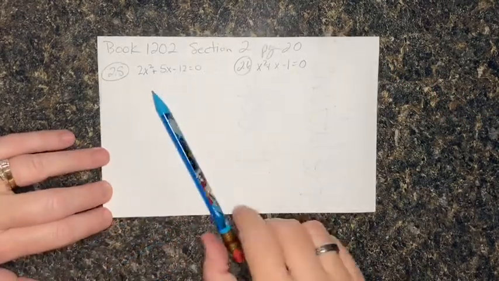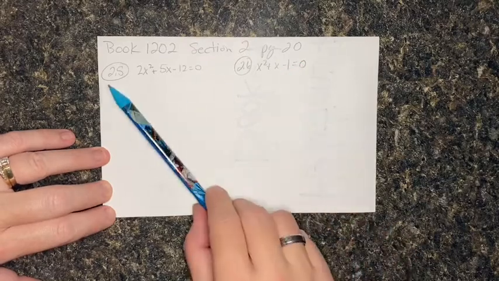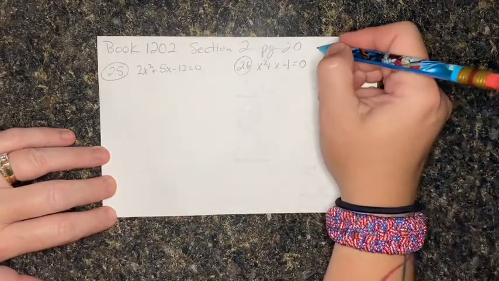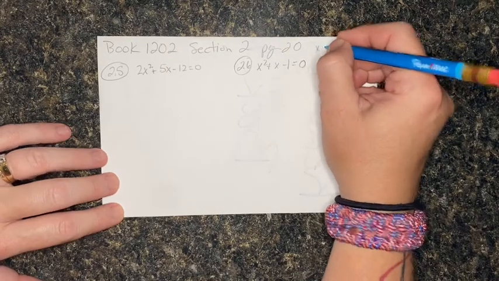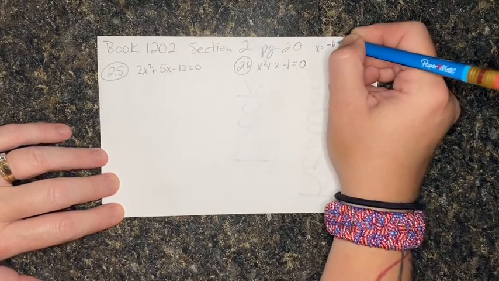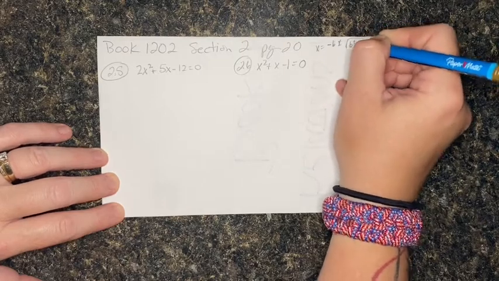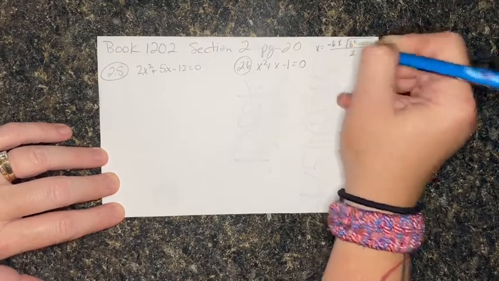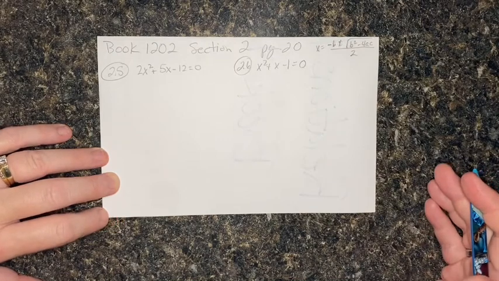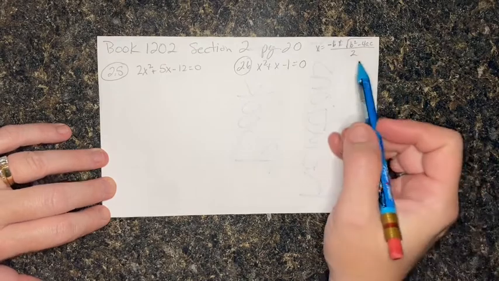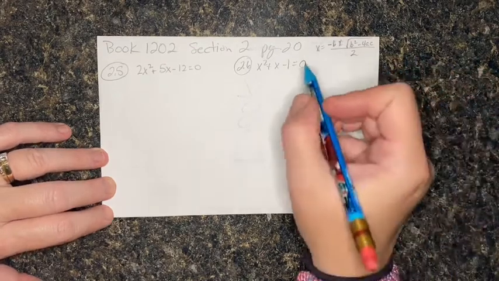All right, so for these two problems here, problem 5 and problem 6, they want us to solve by using the quadratic formula. Remember, that is that x is equal to negative b plus or minus the square root of b squared minus 4ac all over 2a. Okay, that is our quadratic formula. So we need to identify our a, b, c.